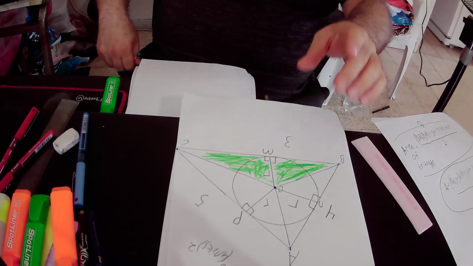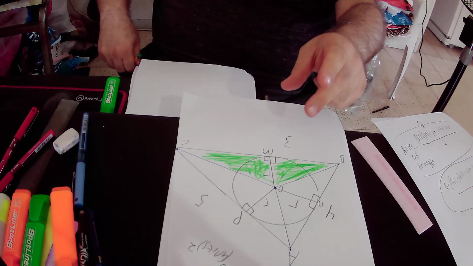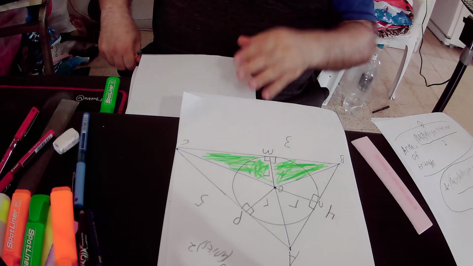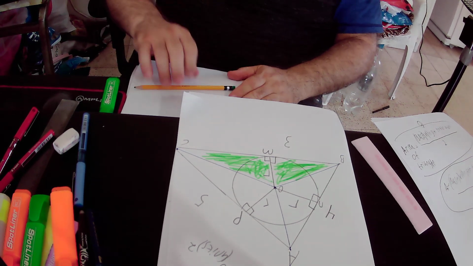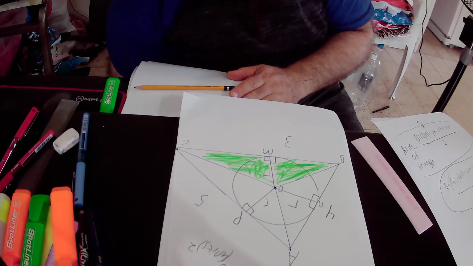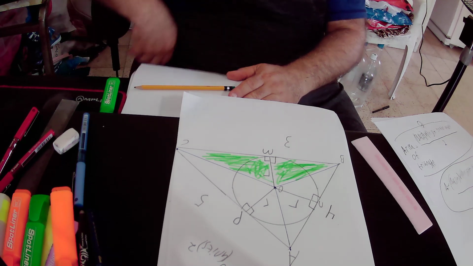So the height of the green triangle is the radius of the circle. So the area of the green triangle equals the base, that is 3 units, times the height, that is the radius, divided by 2.